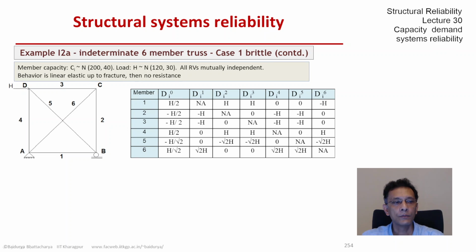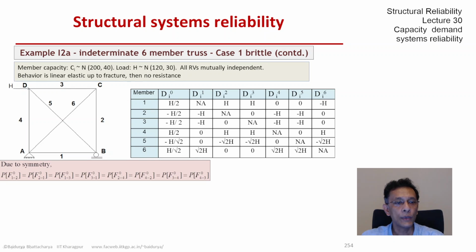So this is to summarize all these things put together. So this is the load table, and we can see from the symmetry of the problem that F01-2 and F02-1 will have the same probability, and you see all the other pairs that also have the same probability, and that's because the capacities are independent, identically distributed, and the loads are as they are in the above table.